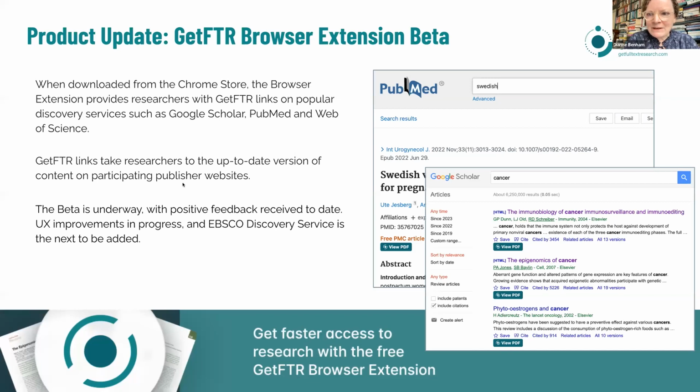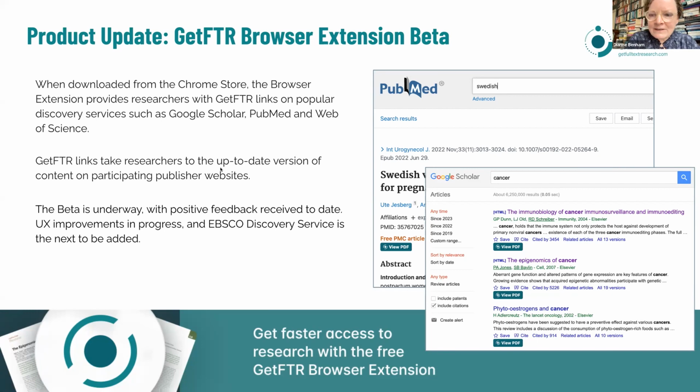So we're pleased to announce a new GetFTR service, which increases pathways to trusted content. We've developed a free-to-use browser extension, which, when downloaded from the Chrome store, adds GetFTR links to popular discovery services such as Google Scholar, PubMed, and Web of Science, without that service needing to integrate with GetFTR.